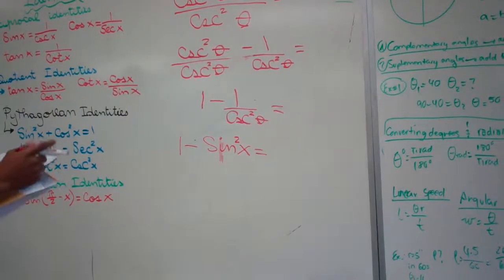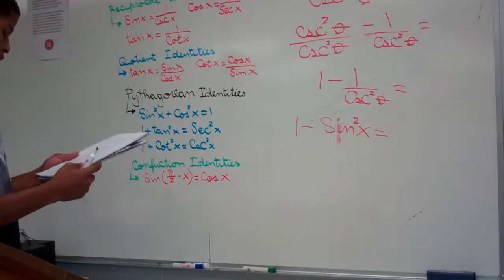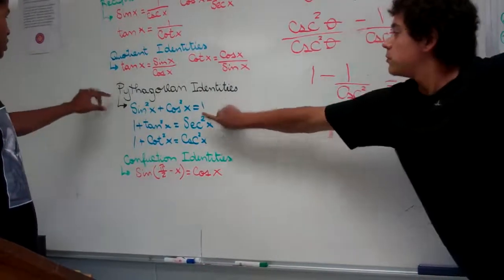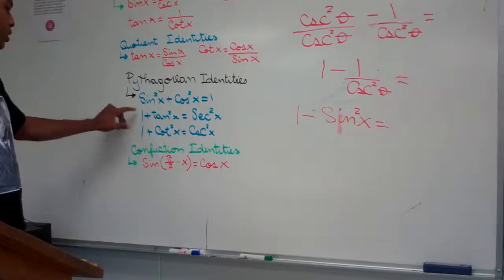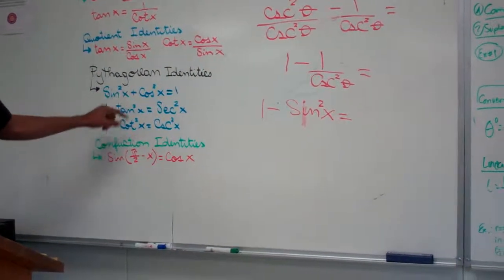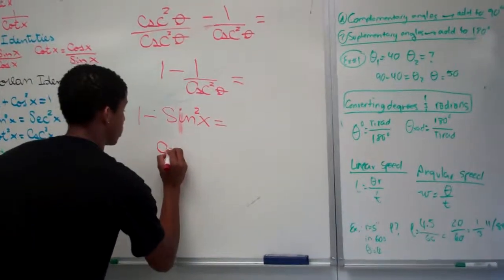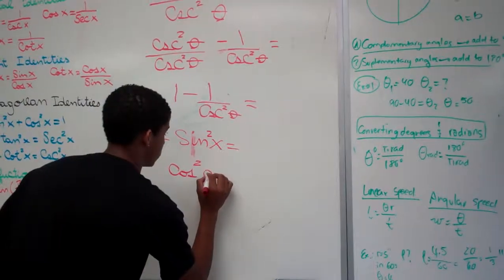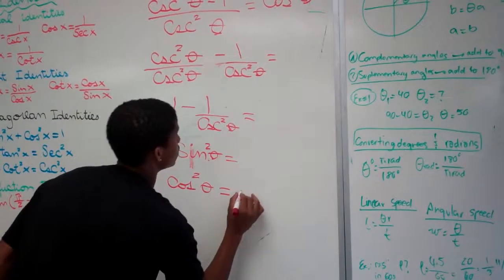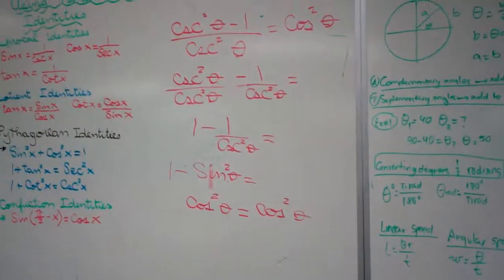And then since we know 1 minus sine squared also equals cosine squared, because of our Pythagorean identities, we have it right here. If you subtract sine squared, it equals cosine squared, which is our answer. Oh, theta, not x. And we have our answer right here by using these identities.